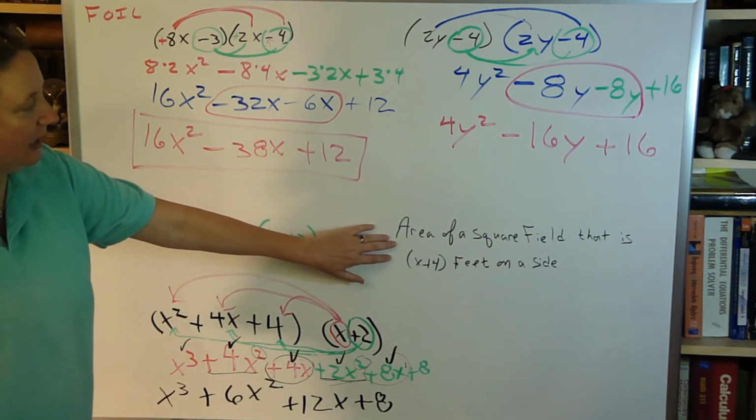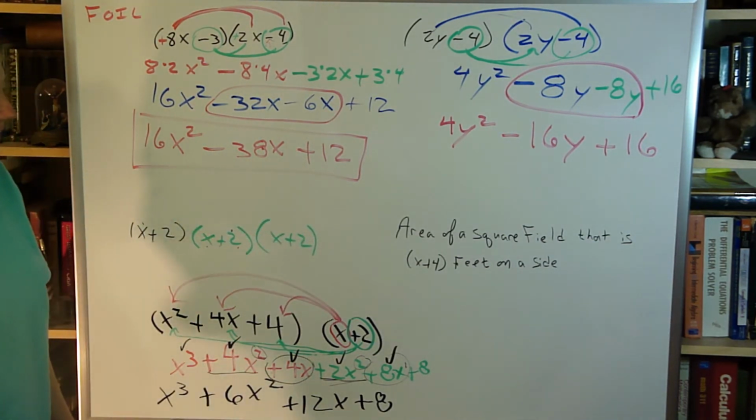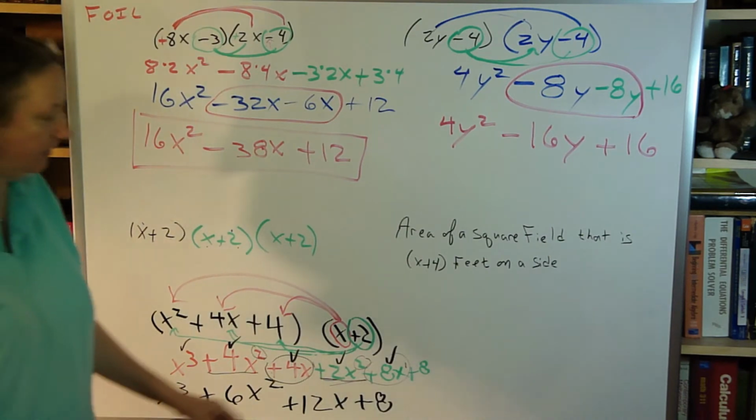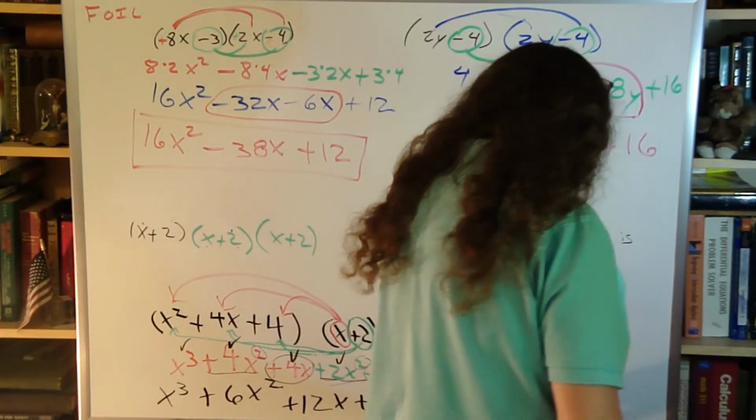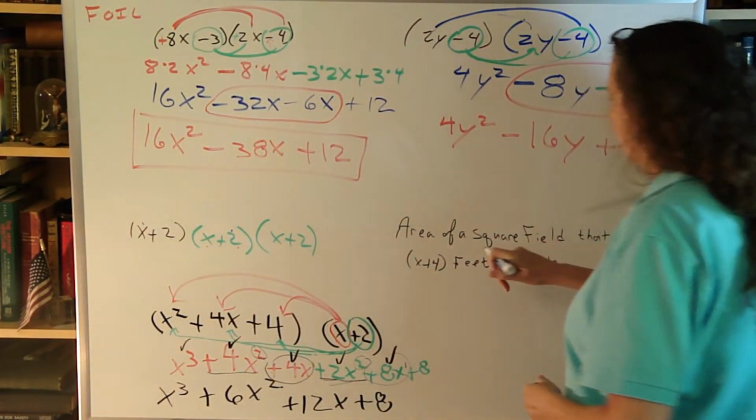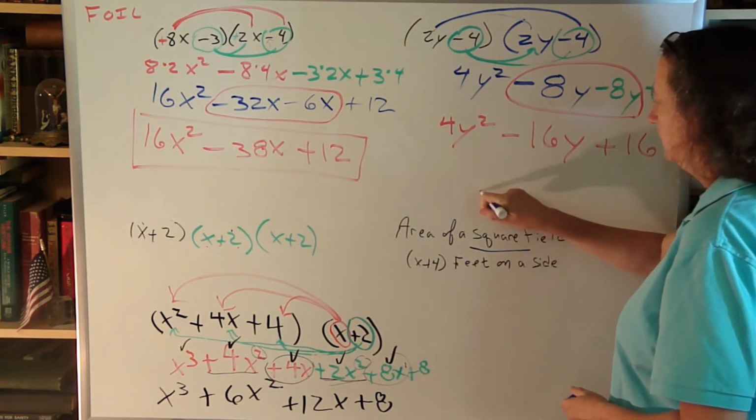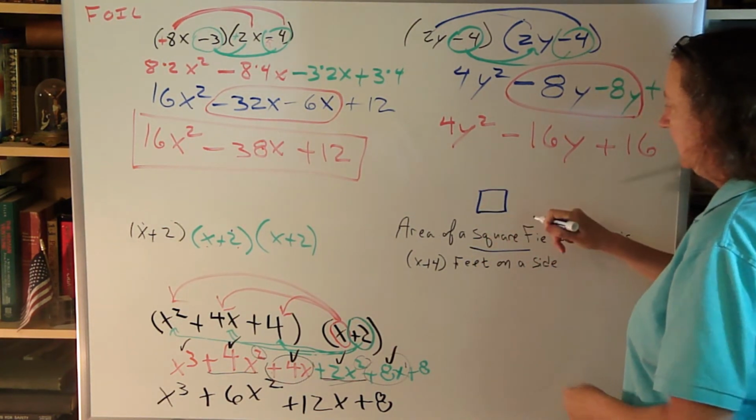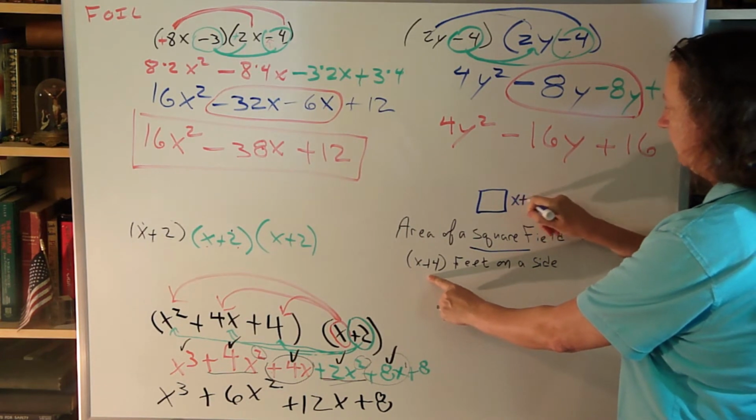Next question. Area of a square field that is x plus 4 feet on a side. So it's a square field, and each side is x plus 4 feet.